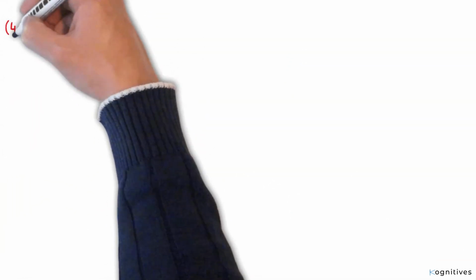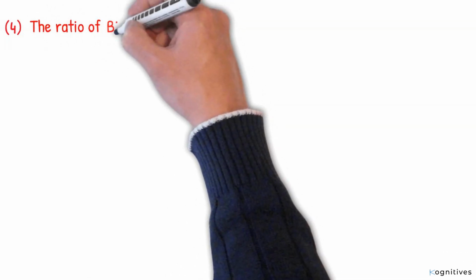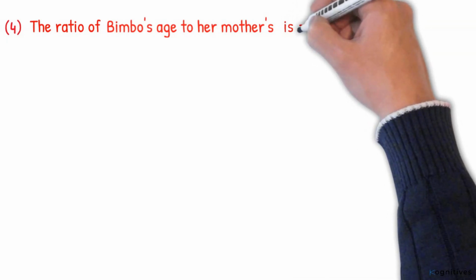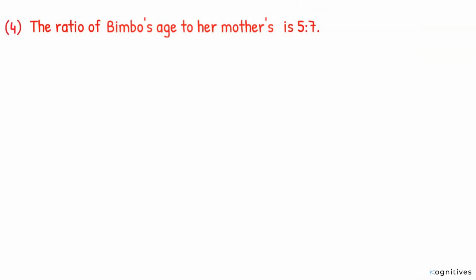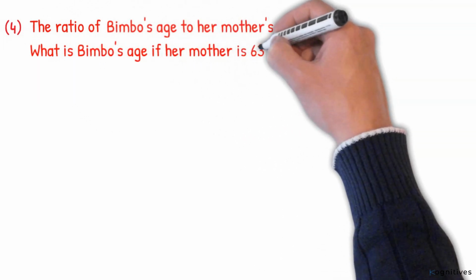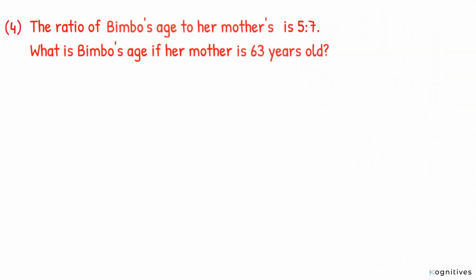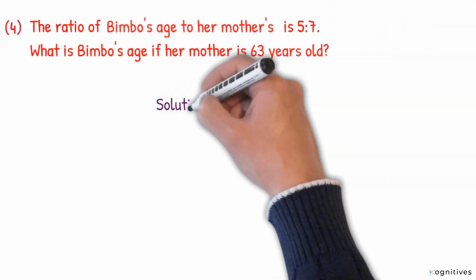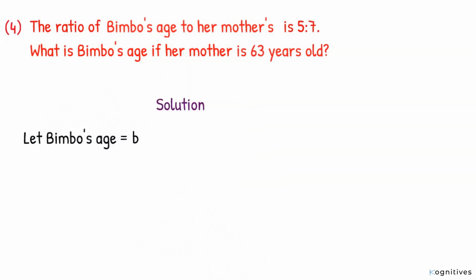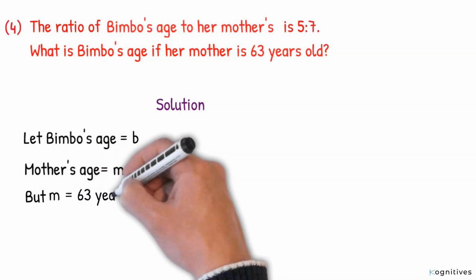Now, the next question says, the ratio of Bimbo's age to her mother's is 5:7. What is Bimbo's age if her mother is 63 years old? And the solution here is, let Bimbo's age equal B and let the mother's age equal M. But we're told that the mother's age, M, equals 63 years.